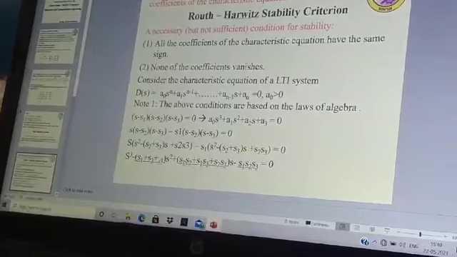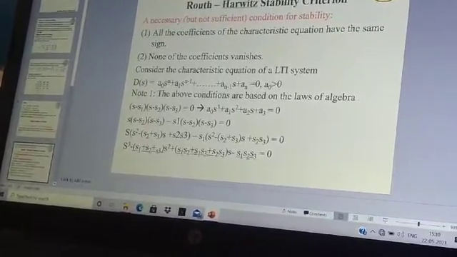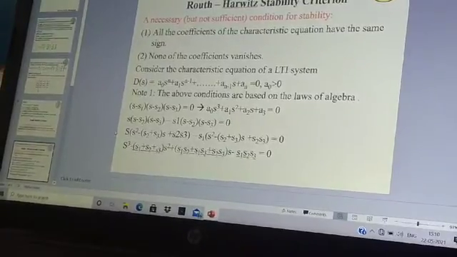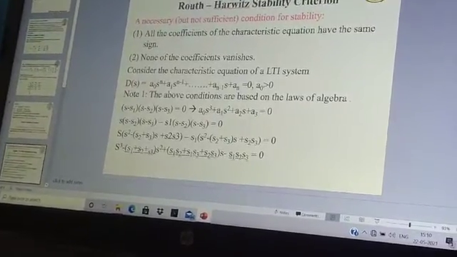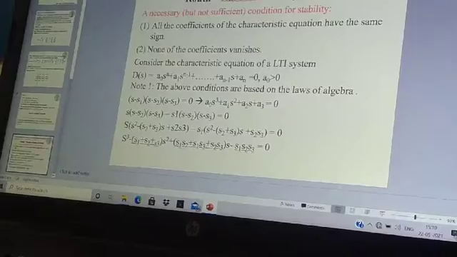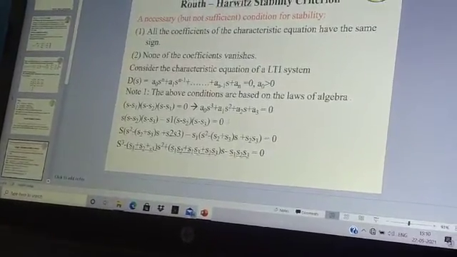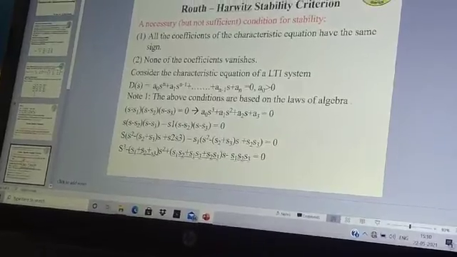So these are the things: (s - s1)(s - s2)(s - s3) = 0, and so on. You have to expand and calculate.